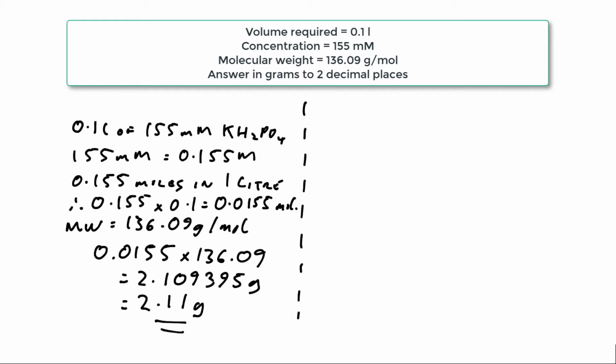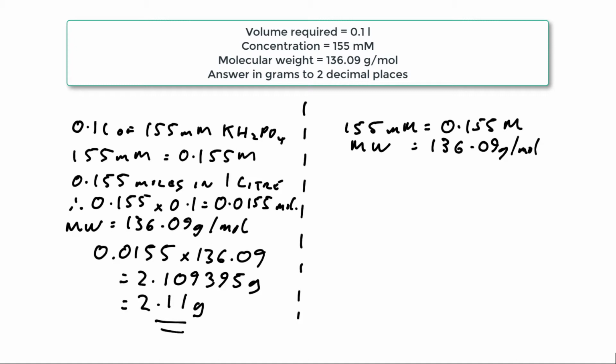Now the other approach to working this out is to use a series of equations. We know that the volume is 0.1 litres. Molarity is 155 millimolar, which is 0.155 molar, and our molecular weight is 136.09 grams per mole. Now the molarity of a solution is equal to the number of moles divided by the volume in litres.